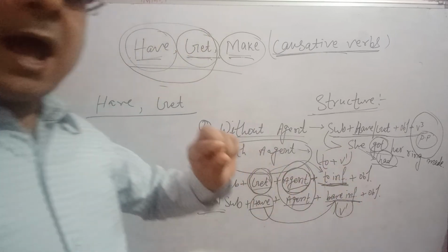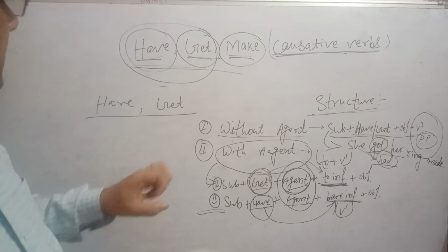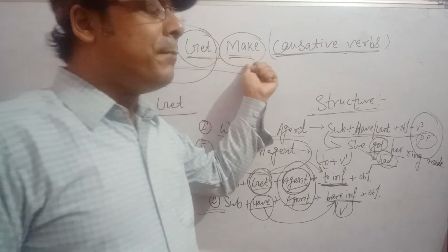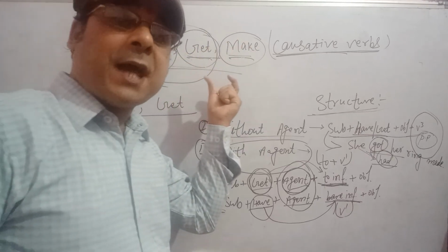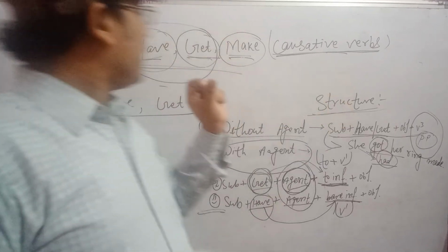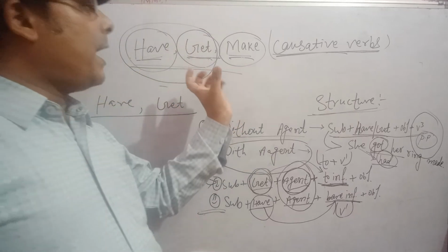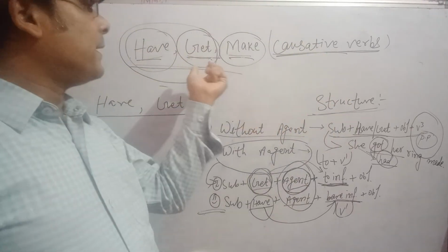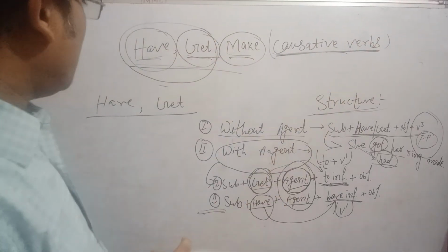So again I am going to tell you three or four points here. We must know that have, get, make are a special kind of verbs that are also used as causative verbs.